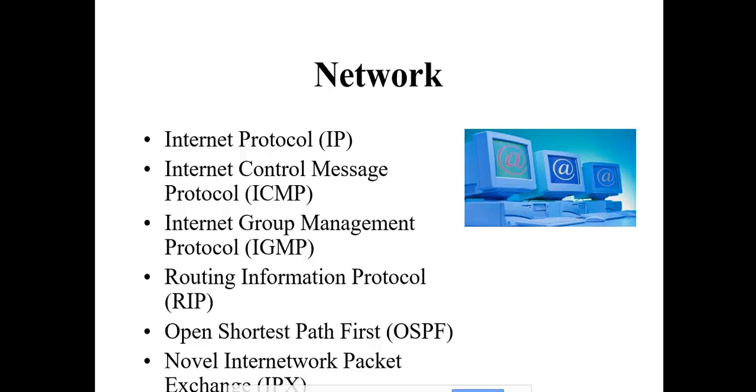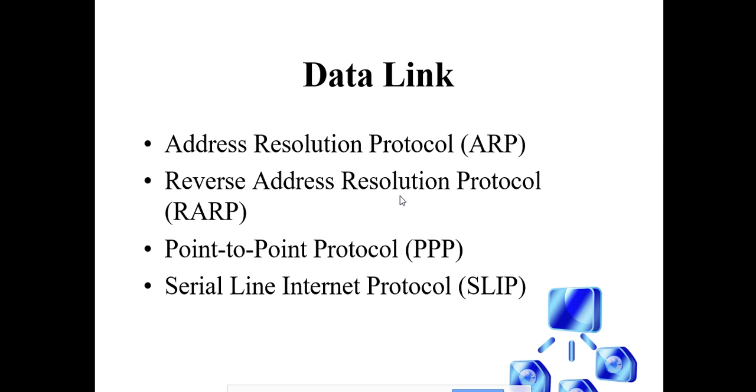Some of these routing protocols, a lot of my Cisco friends are deep in the bowels of these routing protocols. Typically, you'll see things like OSPF talked about a lot, maybe Internet Group Management Protocol. But probably the two most well-known that we see are the IP and then the ICMP, which is commonly known as the ping command.